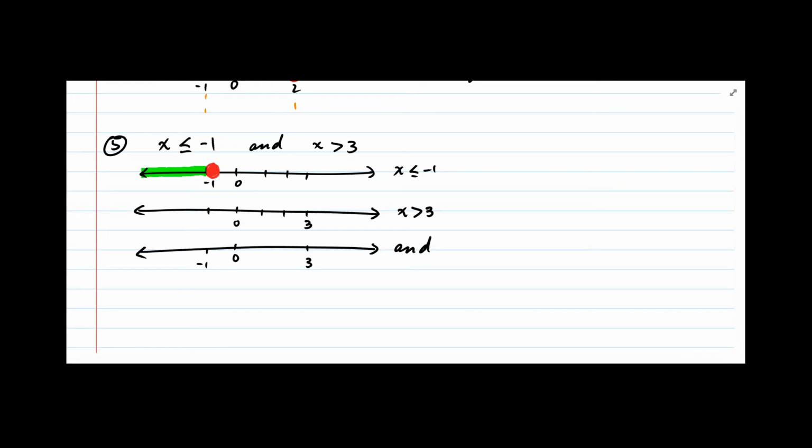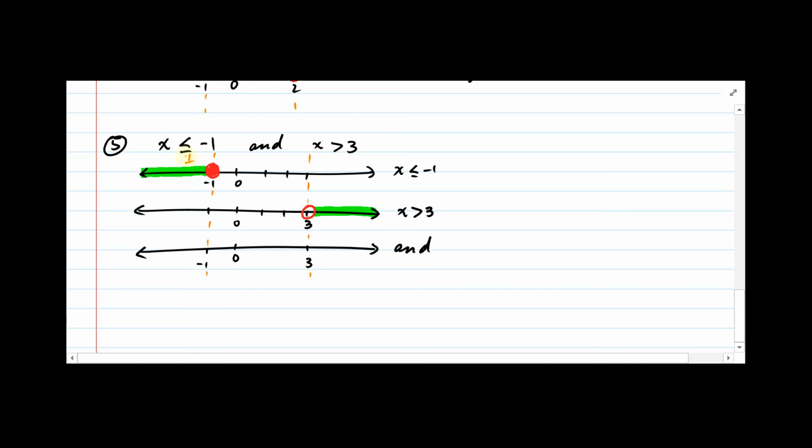Going through the second inequality, open circle at 3, shading everything to the right, and then let's look at combining them, combining these two sets to get the combined inequality.